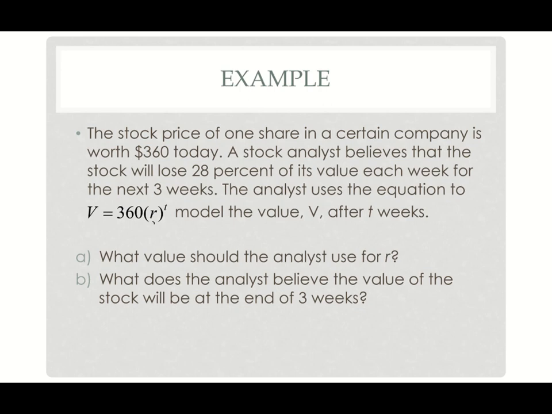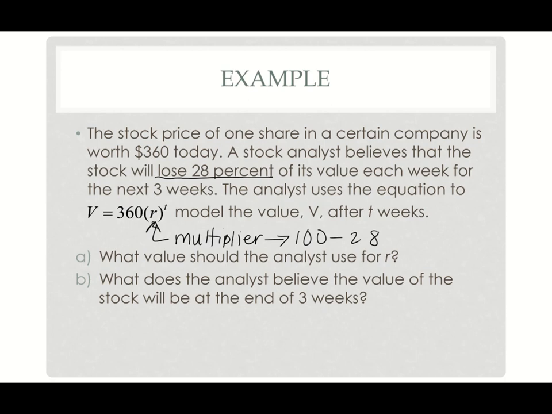here, since that is the base of our exponential, that's going to be our multiplier. And our multiplier has to do with our percent increase or decrease. So here it says a stock analyst believes that the stock will lose 28%. So this would be decay. So our multiplier, we're going to take 100 and we're going to subtract 28.